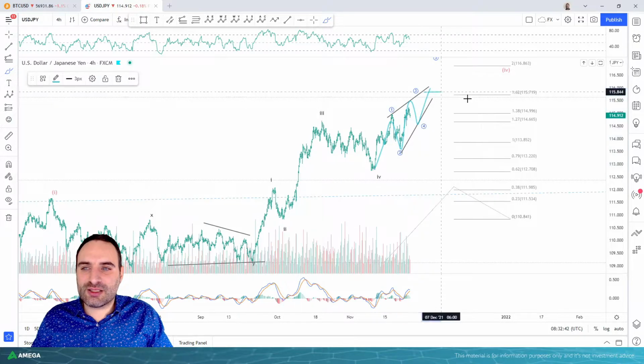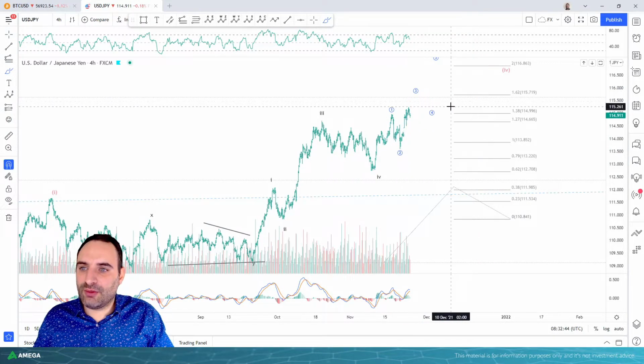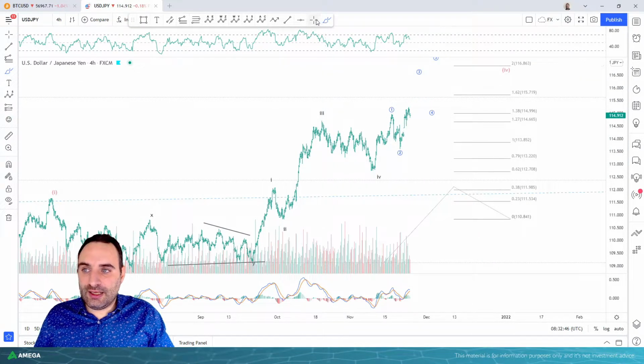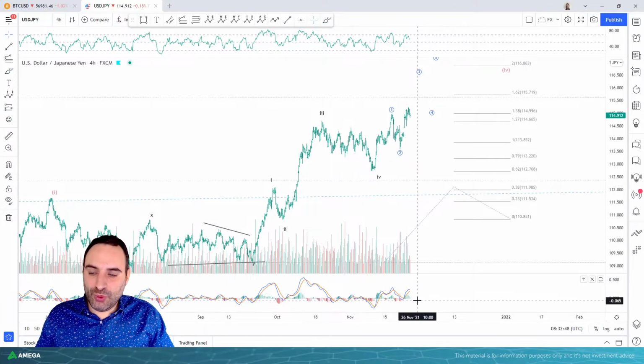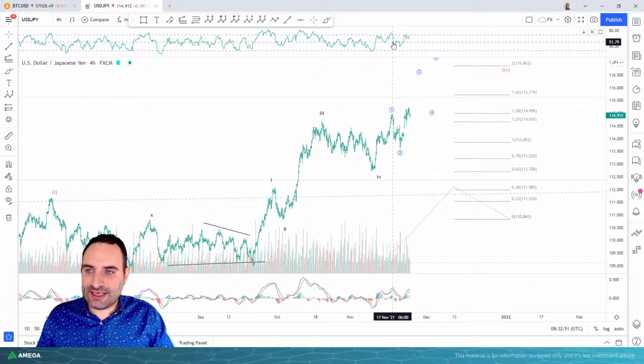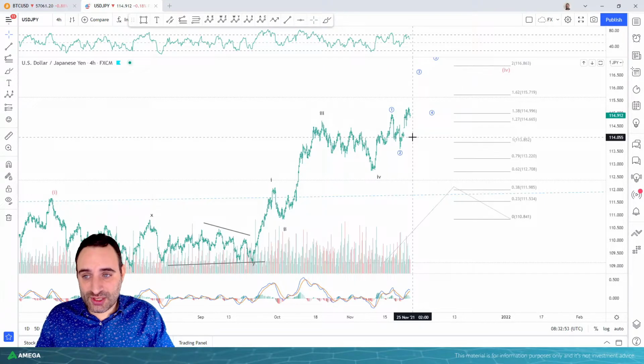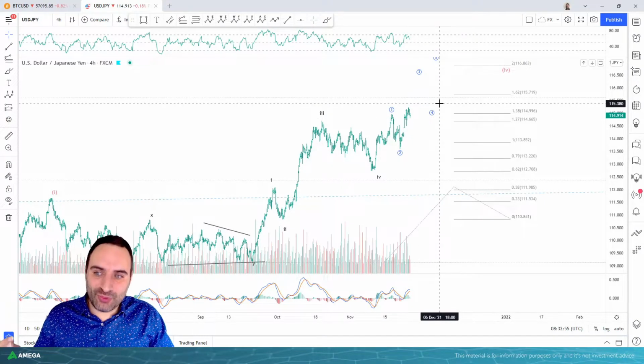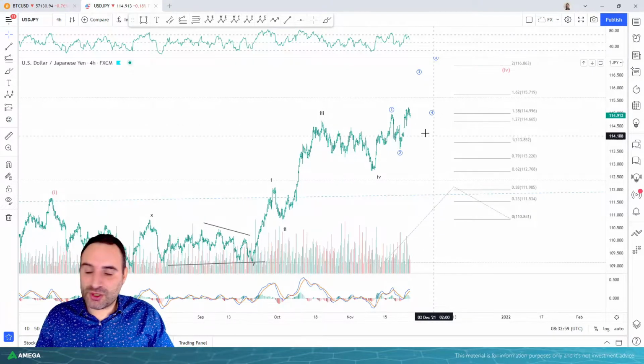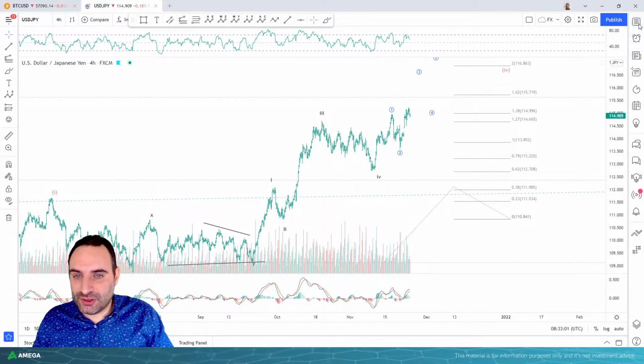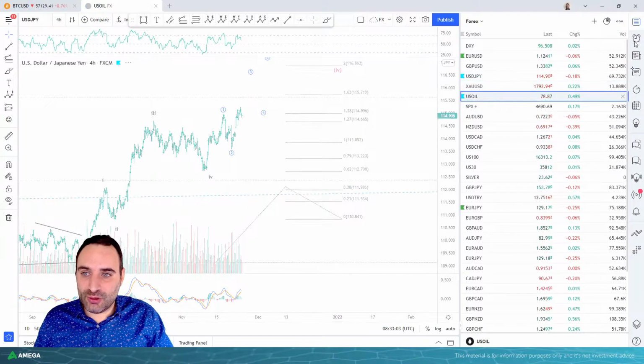That might just get us around 116, and then we start correcting. And this is the case because I'm looking at this MACD signal and RSI signal that suggest we are seeing an exhaustion, and we might see that continuing in the shorter term. So this is going to be all for the dollar again.